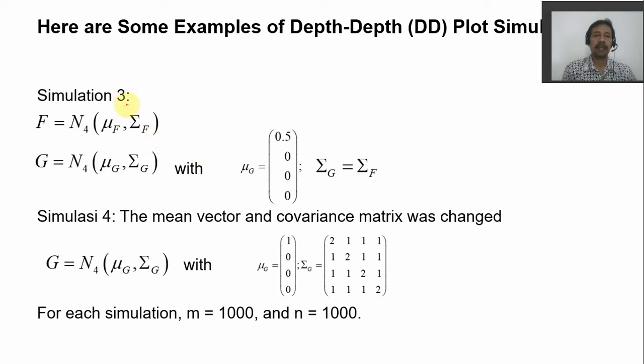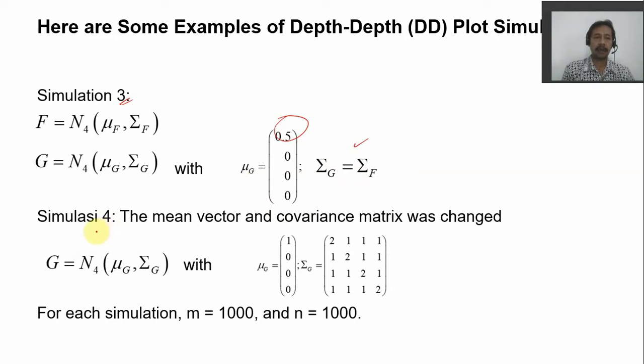And then scenario number 3. F is from a multivariate with dimension 4 like before, and G has a shift in the first element of the mean vector, but the covariance matrix is still the same.